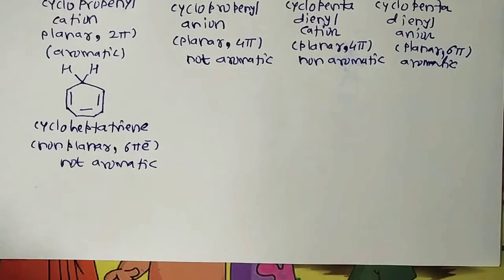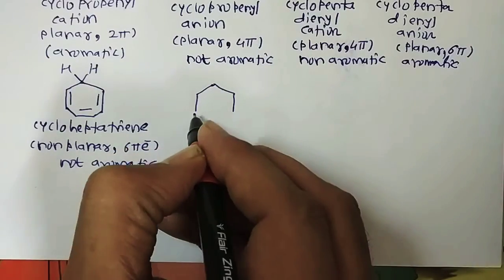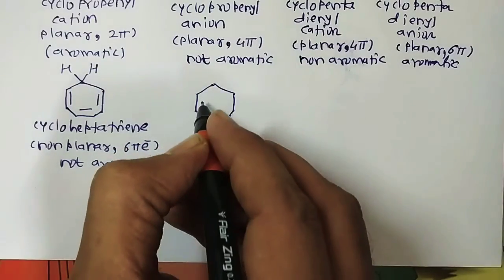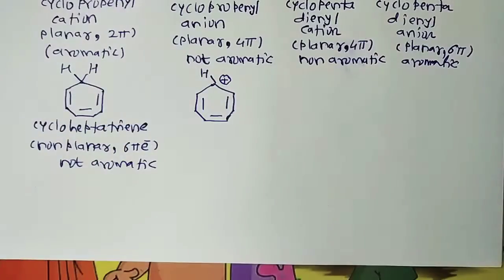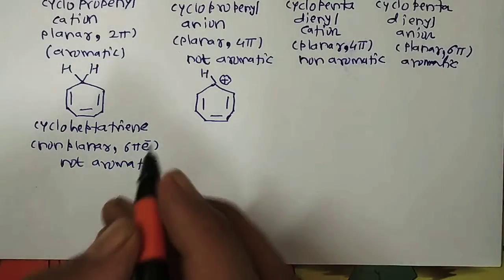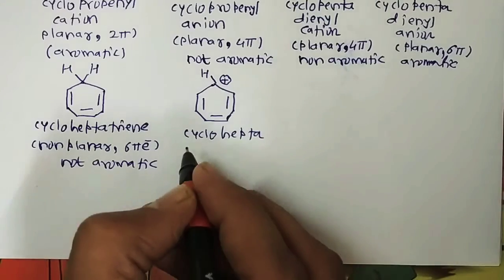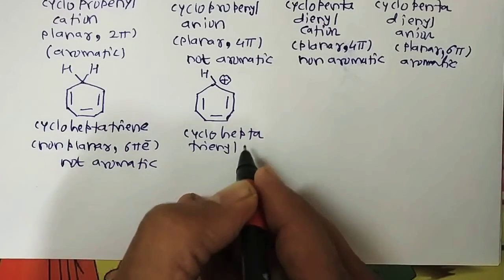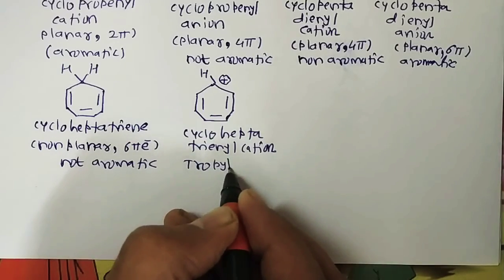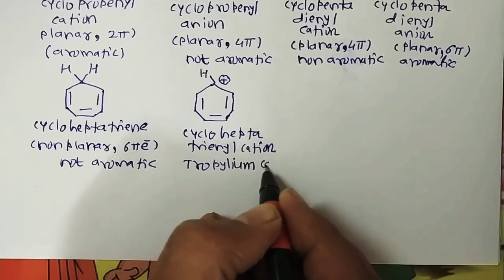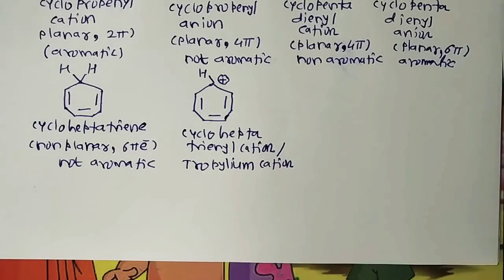Next, one more example is like that. Same example, but in a carbocation form. The name is cyclo, hepta, trienyl cation. Another name of this compound is tropylium cation, right?